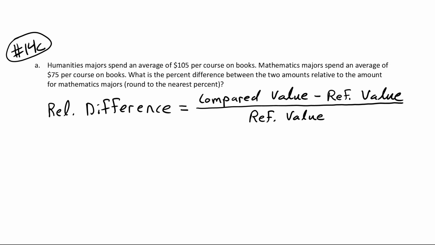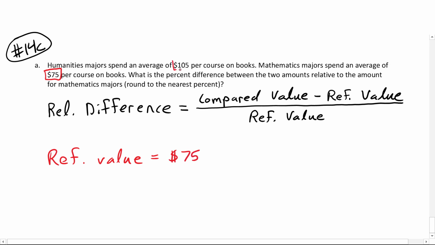For this particular calculation, the way we do it is we say the compared value minus the reference value divided by the reference value. And since we're referencing the 75 for mathematics majors, that would be the reference value. And then this $105 is what it's compared against. So I'll use that value here for the compared value.